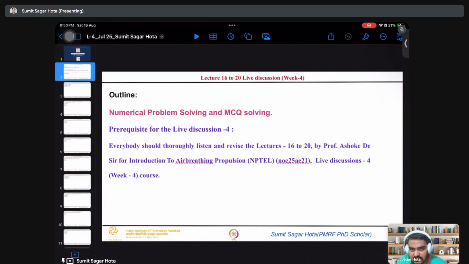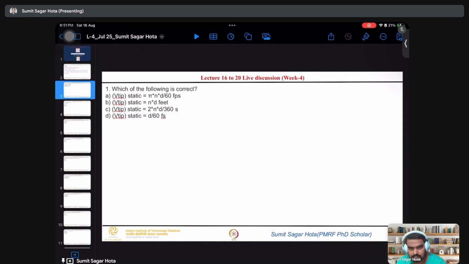In this section we will see some of the MCQs relating to the theoretical aspects and some of the problems. So this is the first question of the section.